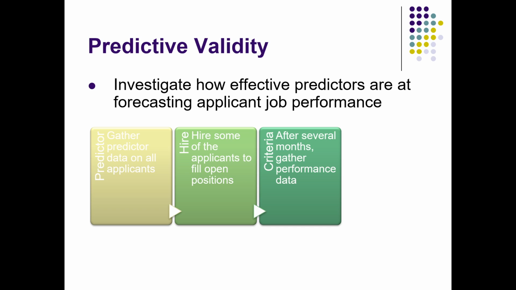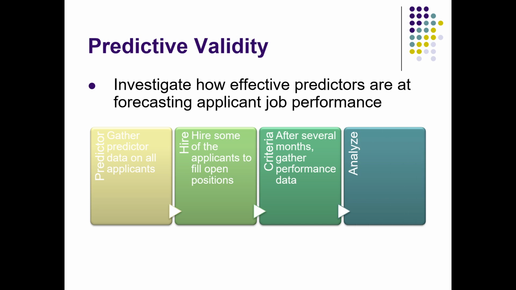So some kind of criterion is going to be administered, and it could be tests to assess efficiency, accuracy, all those things that we talked about before. And then we're going to analyze the data looking at the predictor score by the criterion score.